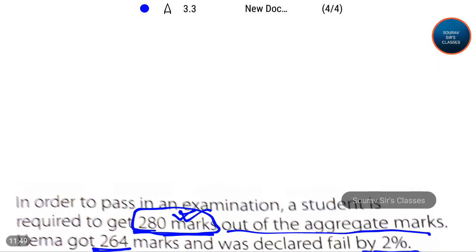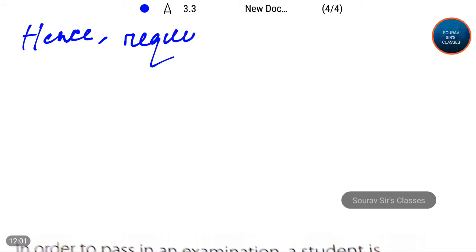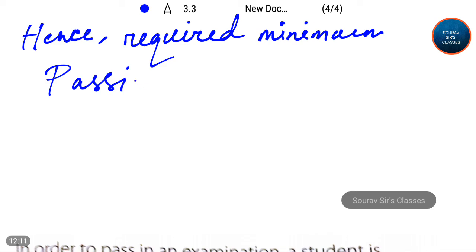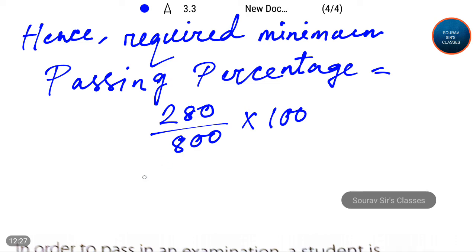Hence, the required minimum passing percentage is equals to 280 by 800 into 100, that is equals to 35%.